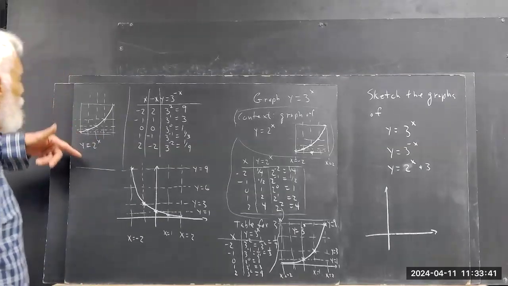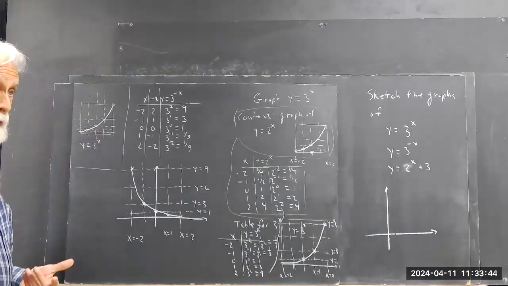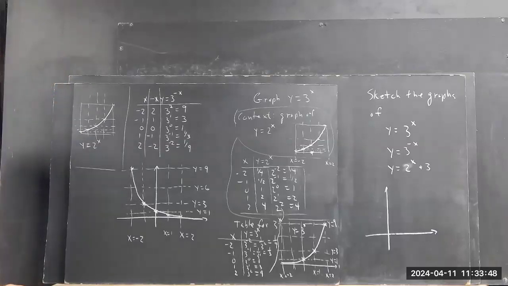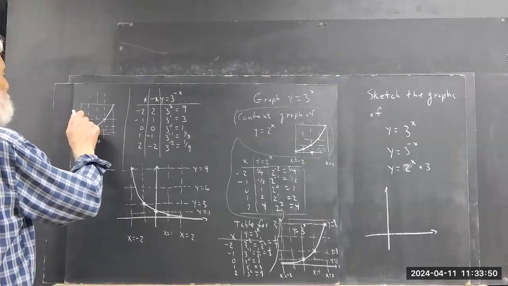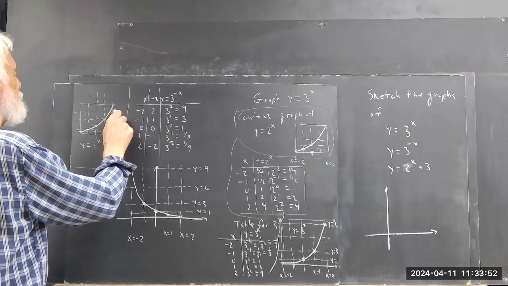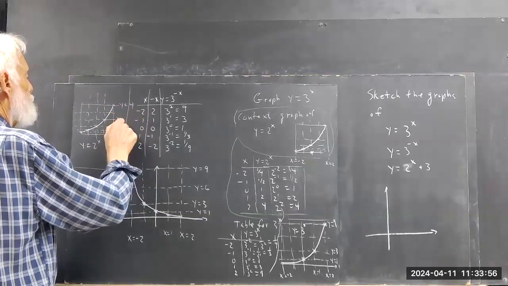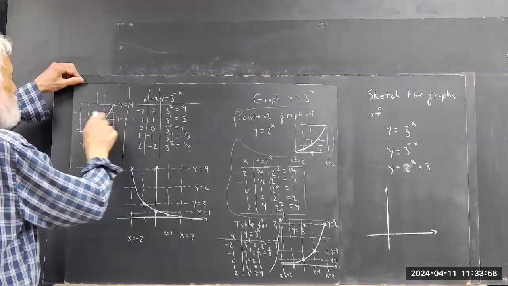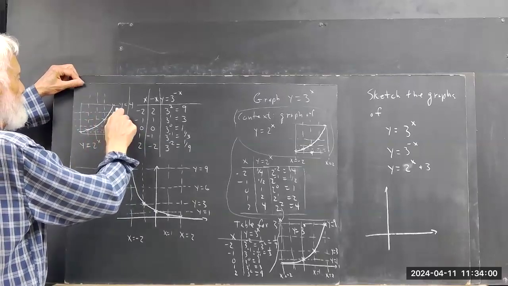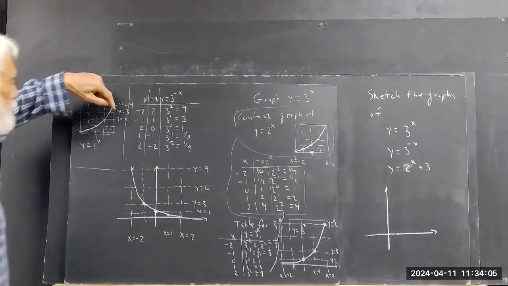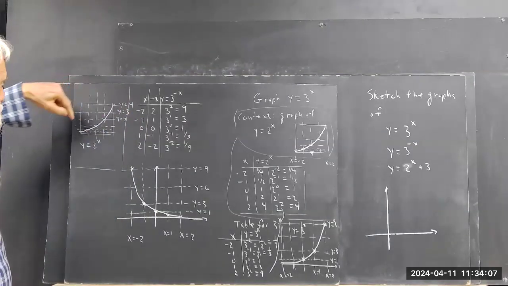Now I want to do y equals 2 to the x plus 3. I just lift this graph up 3 units. Now where's 3? Well, this line is y equals 4. This line was y equals 2. This wasn't a construction line for a graph of 2 to the x, but it's going to be handy to have it here. Here's y equals 3.